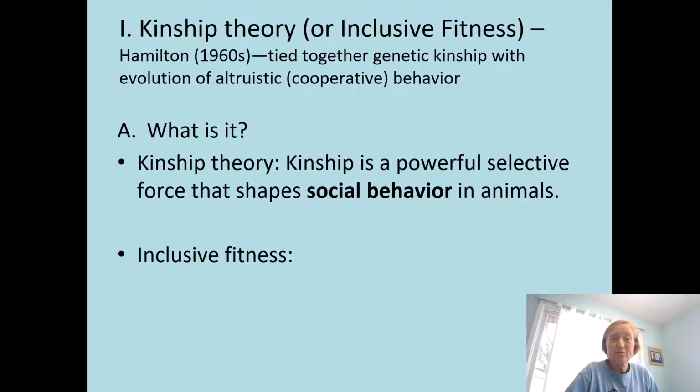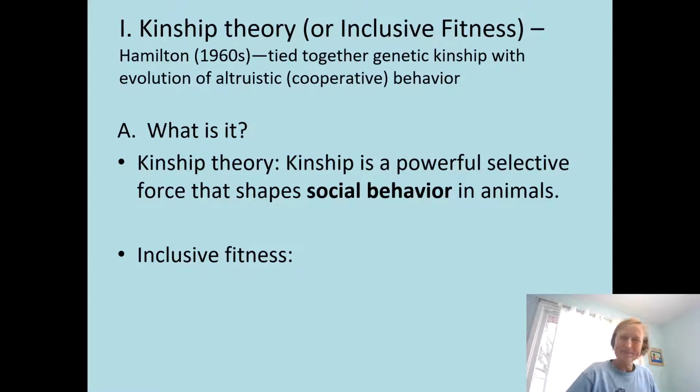Kinship theory, or inclusive fitness, was identified and developed in the 1960s by a researcher named Hamilton. In this theory, he ties together genetic relatedness, or kinship, with the evolution of cooperative behavior. Remember, we're thinking about how kin selection could lead to cooperative behavior in animals.